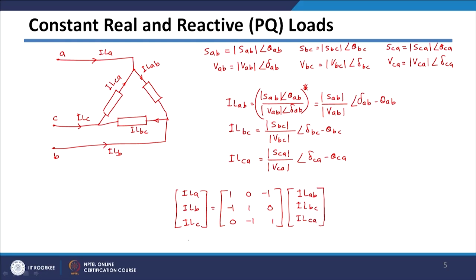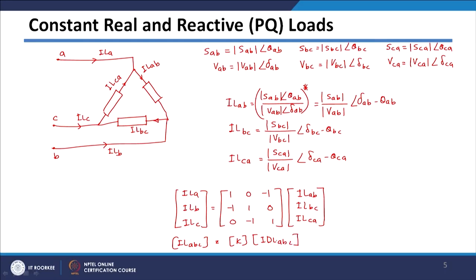So basically this is your ILABC, which is the K matrix which you have seen earlier, times IDL ABC.